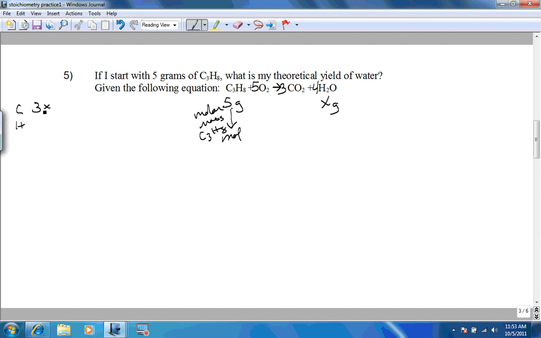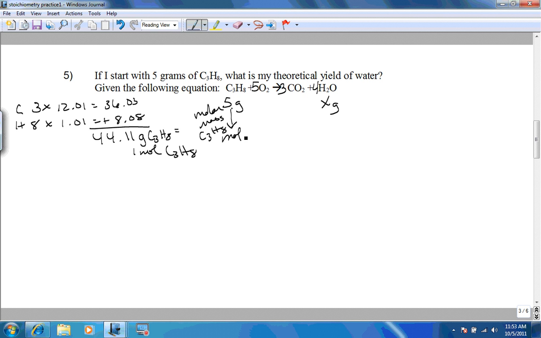I have 3 carbons at 12.01, and I found that off of the periodic table. That comes out to be 36.03. And I have 8 hydrogens at 1.01. That comes out to be 8.08. I found that off the periodic table. I'm going to add those together, and it comes out to be 44.11 grams of C3H8 is equal to 1 mole C3H8.